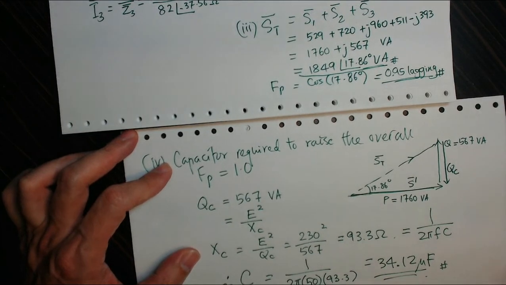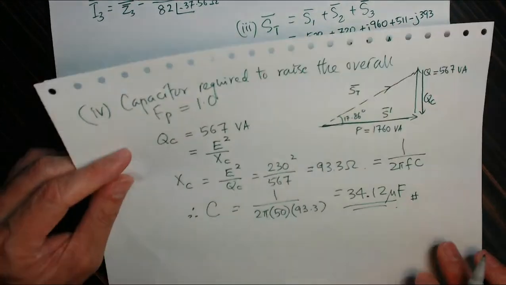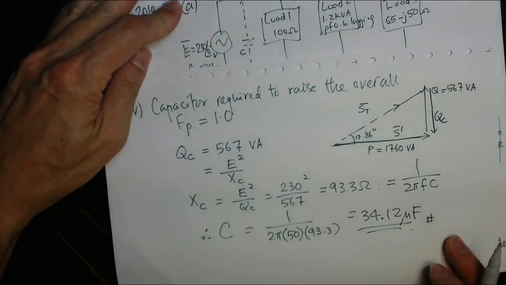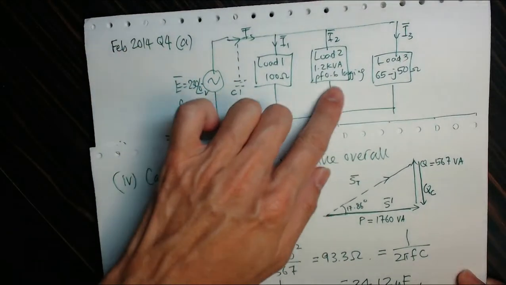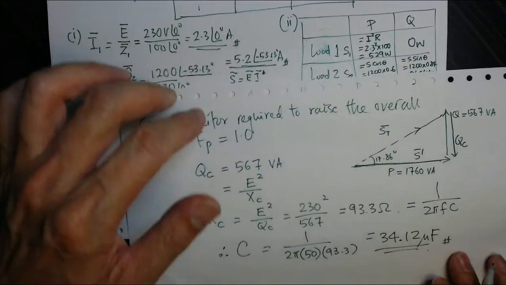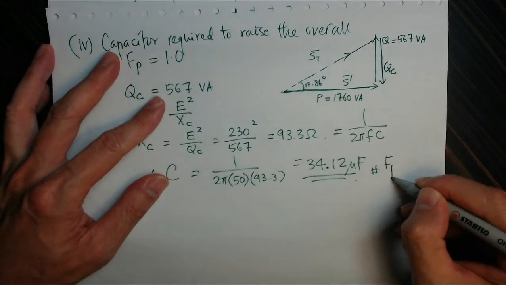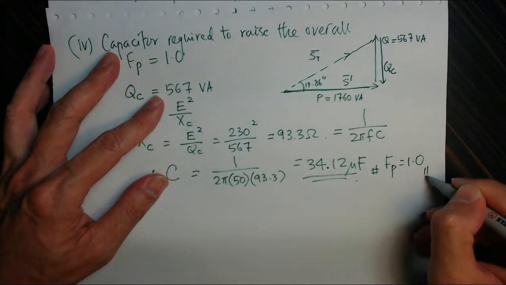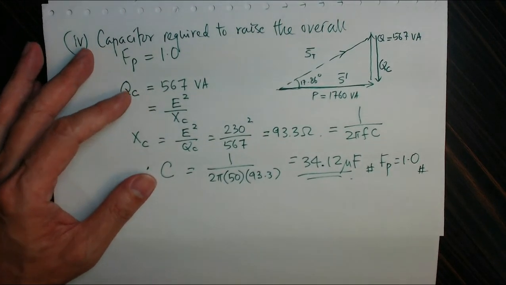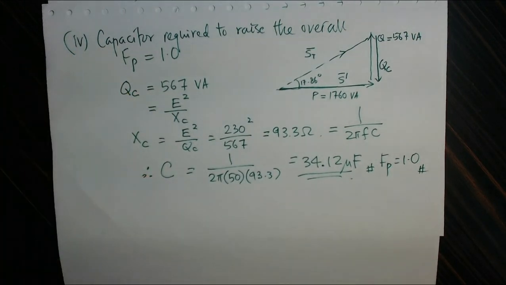In other words, we need to add a capacitor in parallel with the load if we want the power factor to be improved to 1. Okay, that's all for part A of question 4, February 2014 past exam paper.